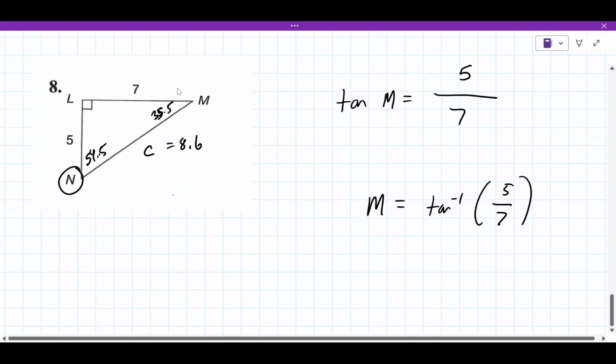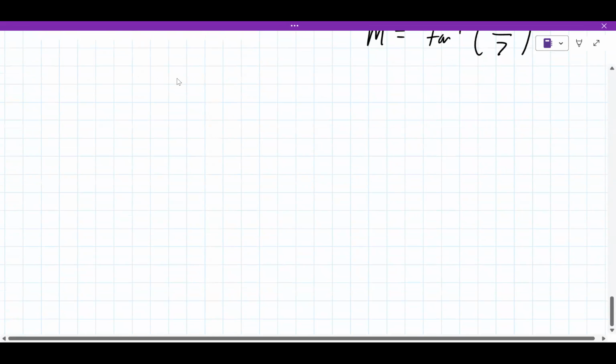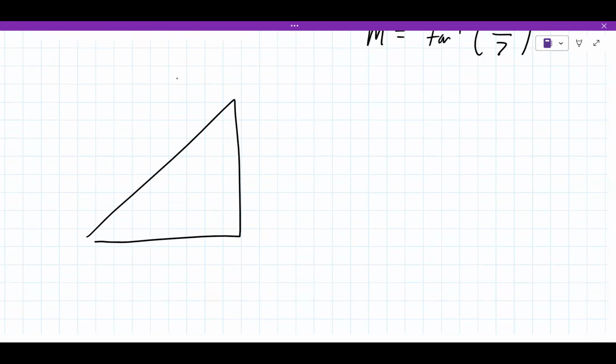Okay. All right. So here's a new triangle for you to look at. Think about here, 3, 4, and 5. And here's theta. All right. So let's say we wanted to find the angle of theta. Can you tell me what two sides equal the tangent of theta? What's the ratio here?